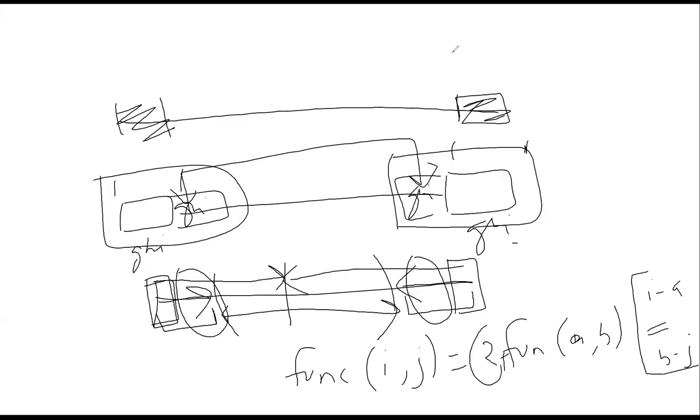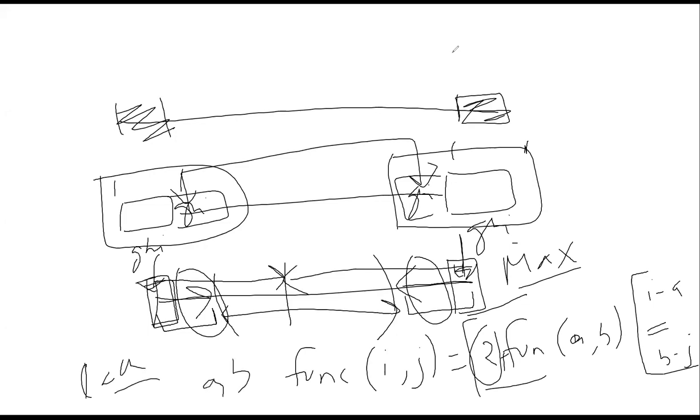Because the two are the numbers which are created when I'm considering here and here. And I can use a max function over all the numbers. And for a faster approach, we can cache the results from a to b, whatever is the i to j, so that we don't have to calculate the same thing again and again.